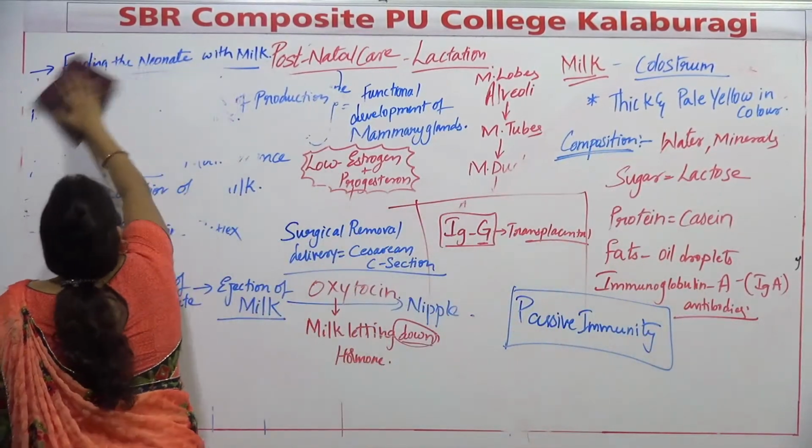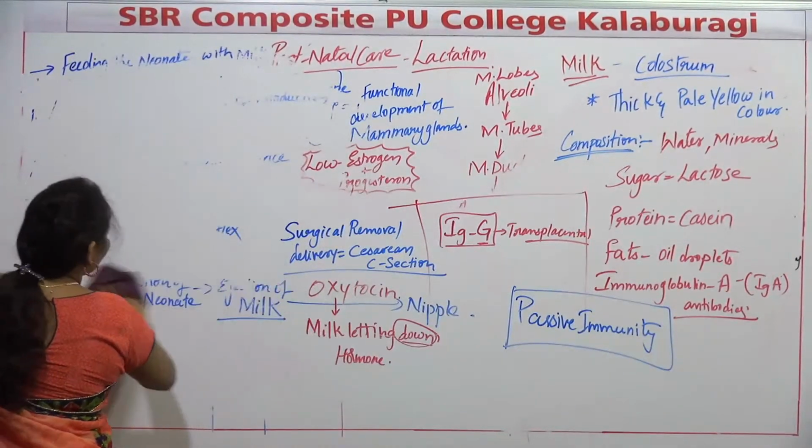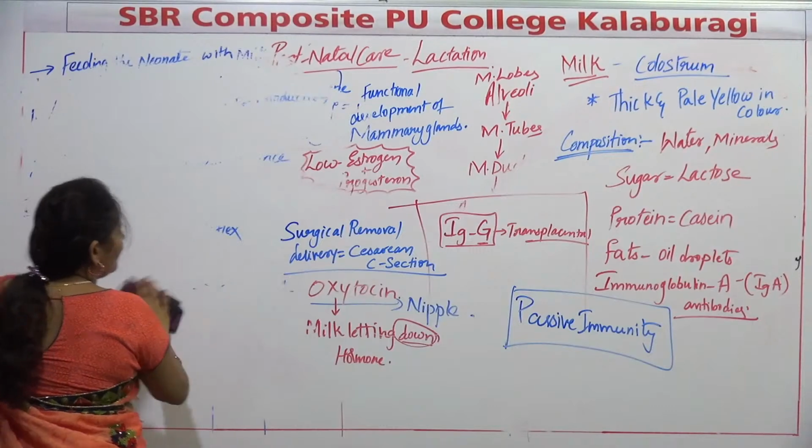We have discussed all these disorders while we were talking about the normal anatomy of the human reproductive system.